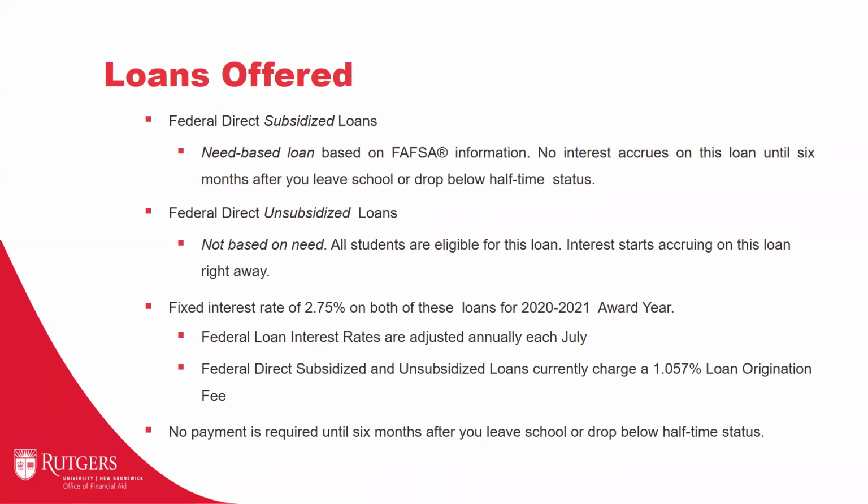Currently, the fixed rate for both of these loans is 2.75% for the 2021 academic year. However, the rates can be adjusted because they're normally adjusted annually in July of each year. And of course, this is determined by our federal government. And as they make that decision, then these rates will be adjusted accordingly.